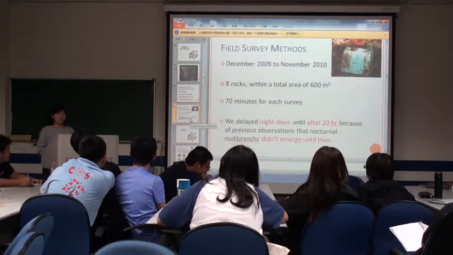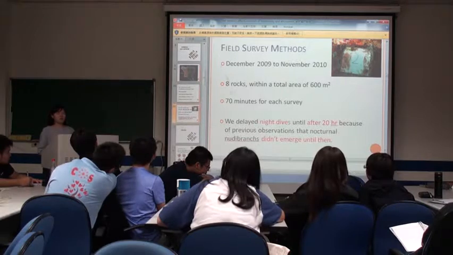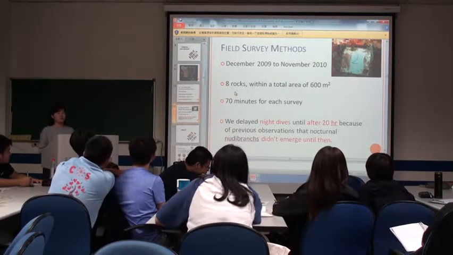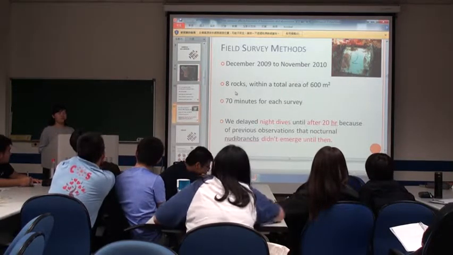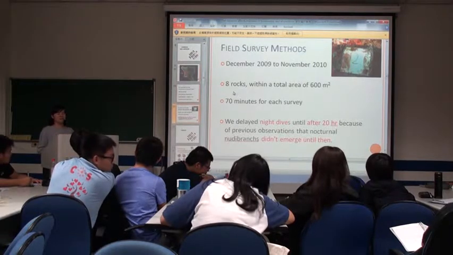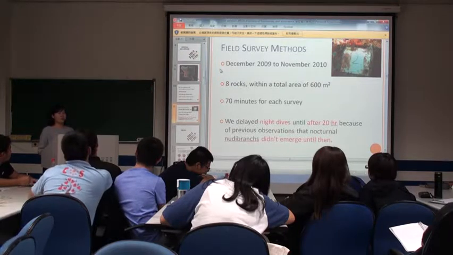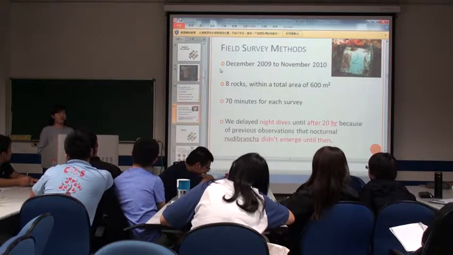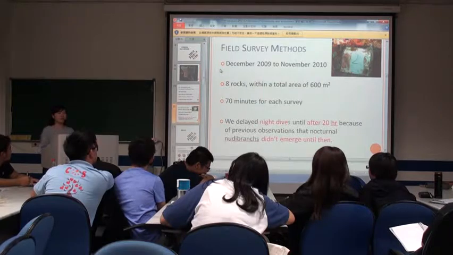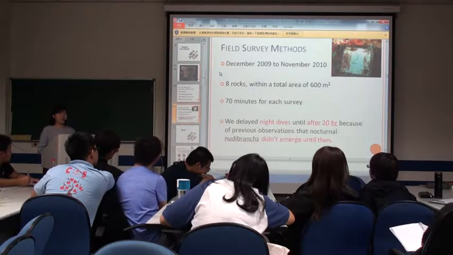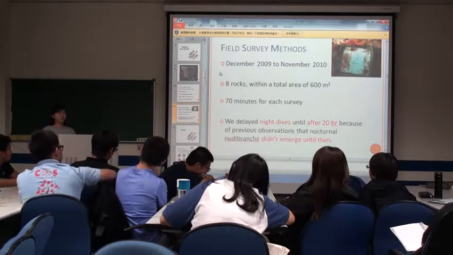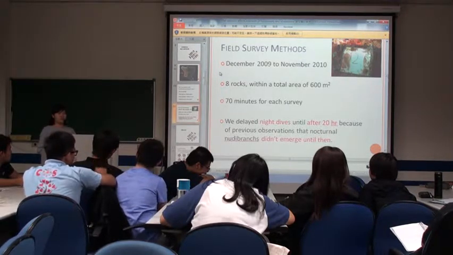She said that we chose the egg rocks, and it's random to choose these egg rocks. Yes, but the paper didn't mention how they chose the egg rocks. But I think in Shilong it is very easy to see Nudibranch, so they chose the egg rocks, guessing that there are Nudibranch on those rocks.